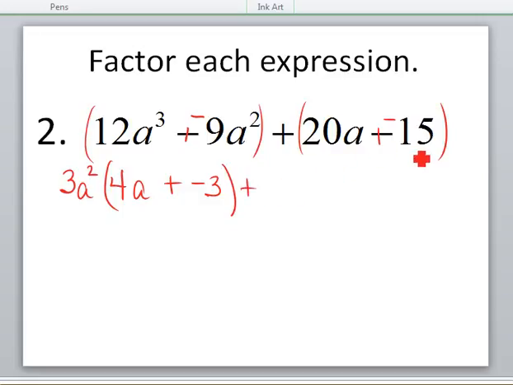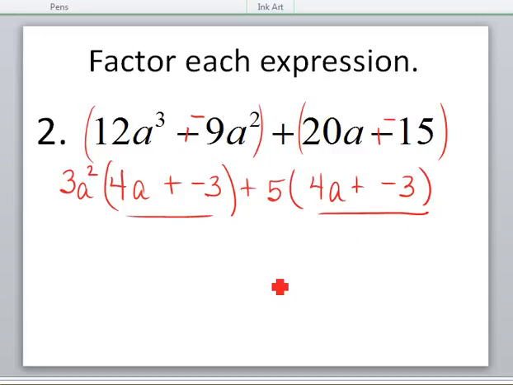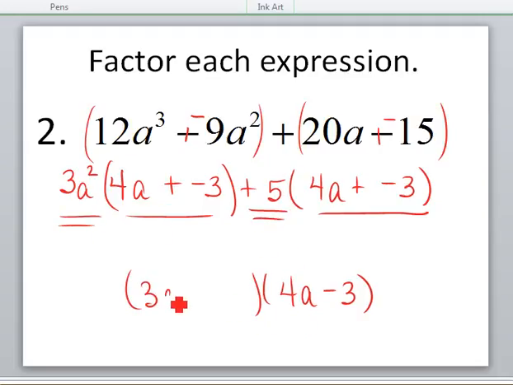Plus, greatest common factor is 5, so I'm left when I distribute with 4a plus negative 3. Notice I have the same thing inside the parentheses, so I write that one time. I'll just go ahead and simply write it as 4a minus 3. The stuff on the outside of the parentheses I'll write together: 3a squared plus 5.